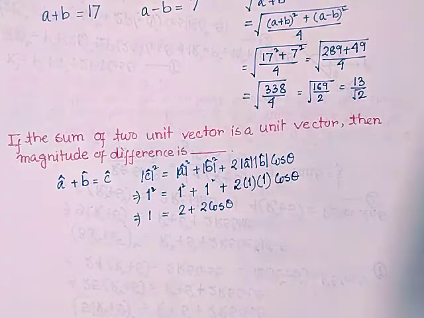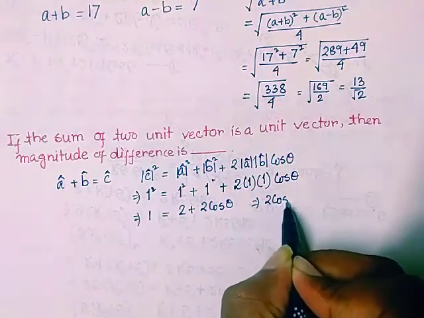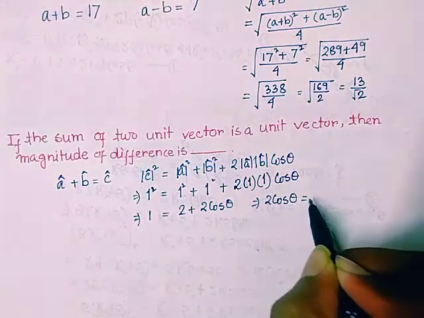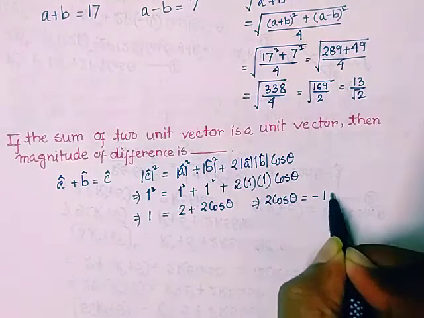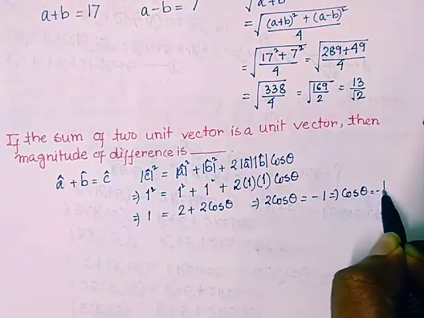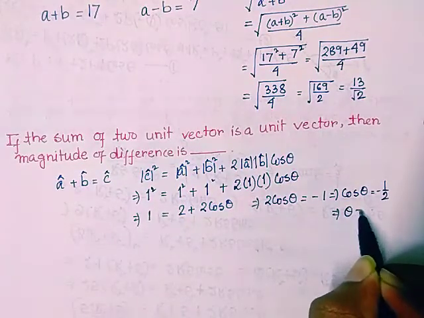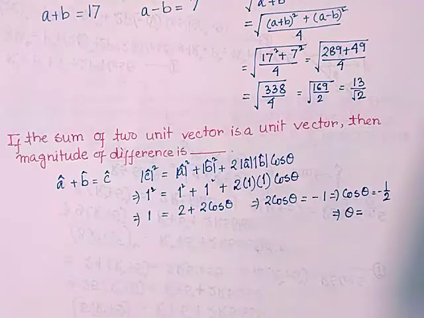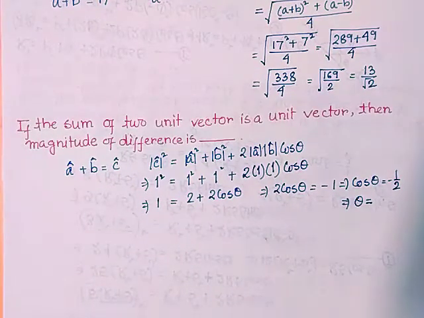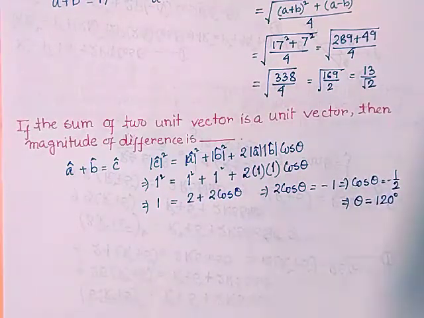Okay, so from it we can say that 2 cos theta equal to minus 1, so cos theta equal to minus half. So what will be the value of theta? Theta equal to 120 degree, because cos 120 degree is minus half.